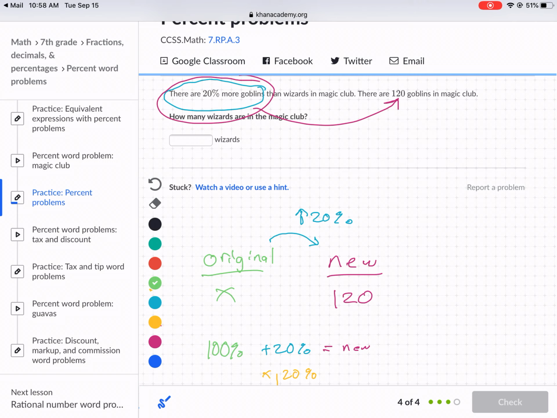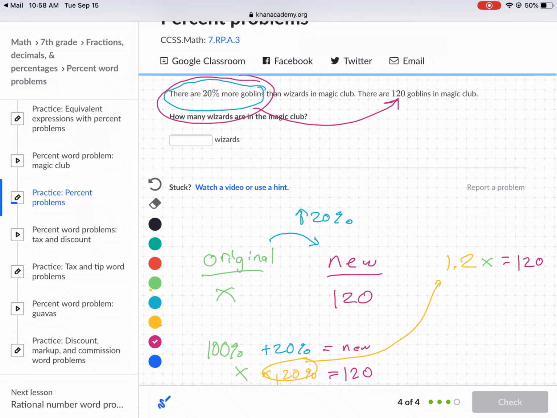We don't know the original, x, and that's going to be equal to our new, 120. So the original times the increase, 120%, equals 120. Let's convert it to decimal. You never work with just a percentage. You always convert to decimal first. So 1.2 is the decimal form. We multiply 1.2 times x, and that is equal to 120.